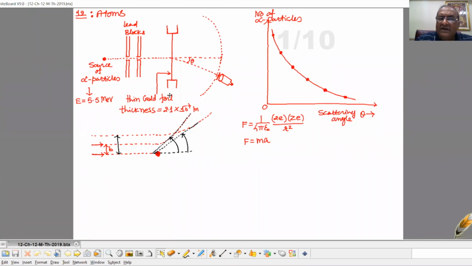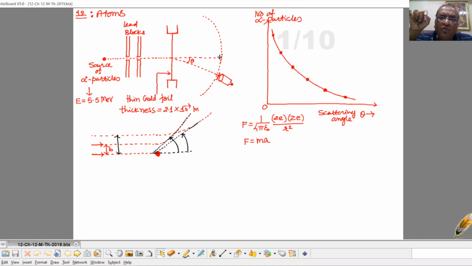And in this particular experiment, they observed this thing. Majority of alpha particles propagate at very small angle of scattering, that is less than 1 degree.